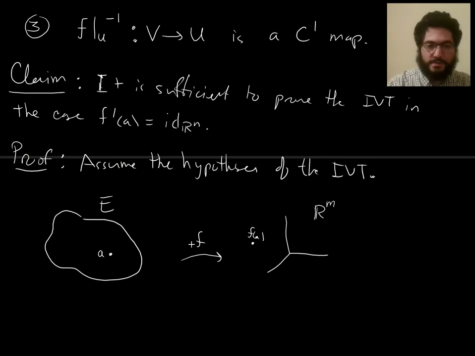And we're not imagining that F is necessarily invertible. That's not the point. But we're imagining that the linear approximation to F near A, which is F prime of A, we're assuming that that's invertible.